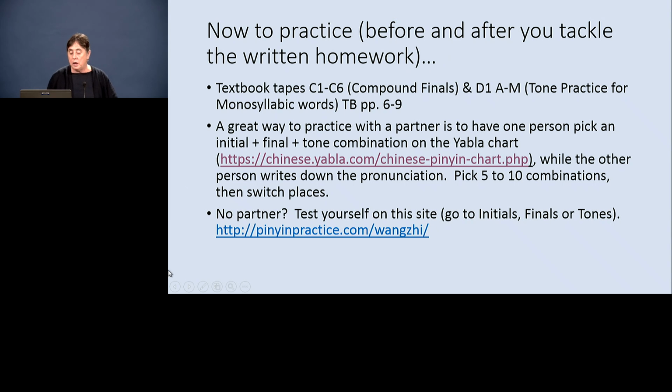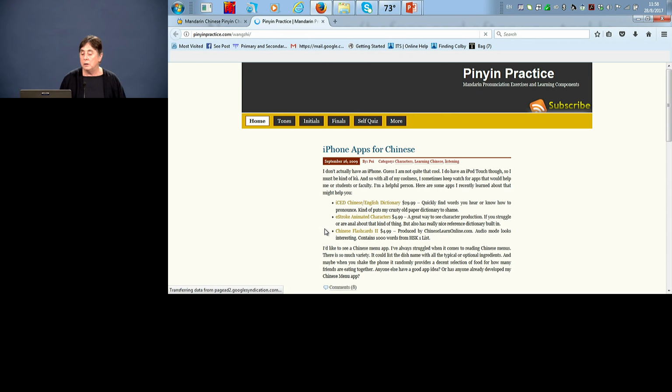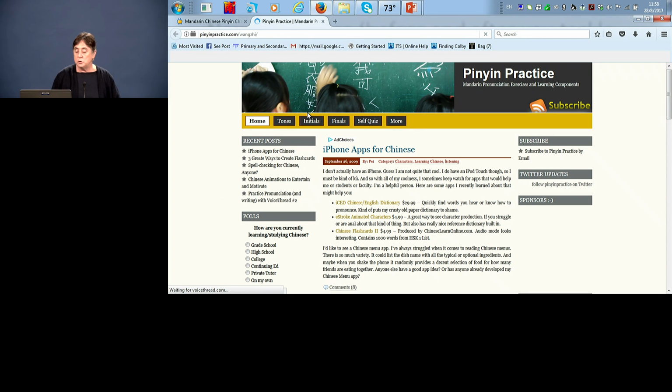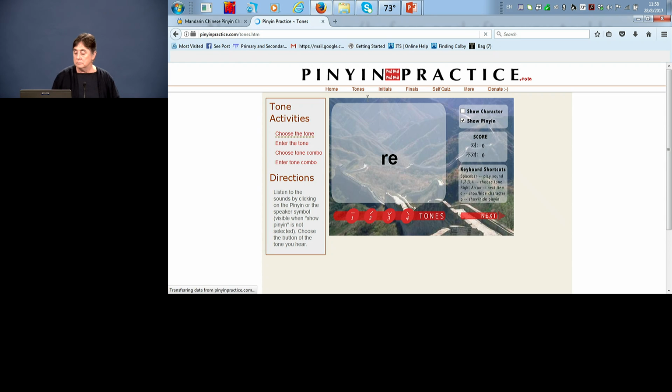Another way that you can practice, if you don't have a partner, is to go to this site here and go to tones. You can also practice initials and finals. One of the possibilities is choose the tone. So here you see below you have 1, 2, 3, 4.